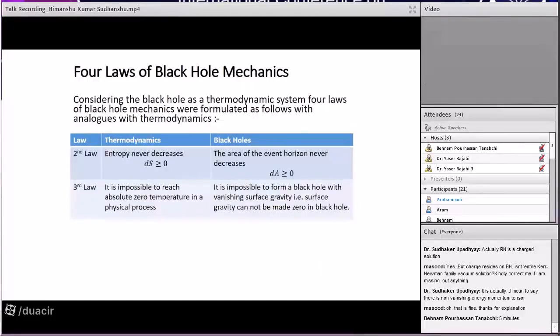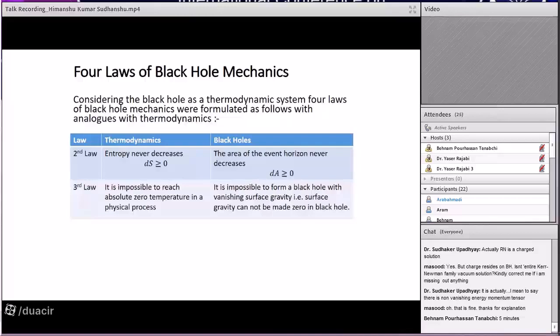The second law of thermodynamics is about the entropy of a thermodynamic system. It says that in a closed system, entropy always tends to increase over time. It never decreases. A similar analogy has been found in black holes, where the area of the event horizon never decreases.